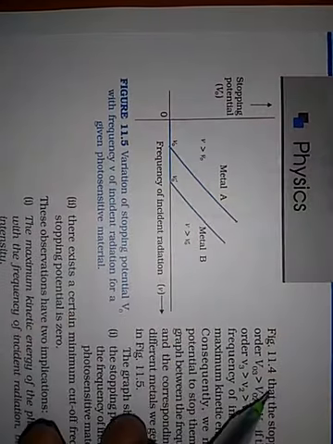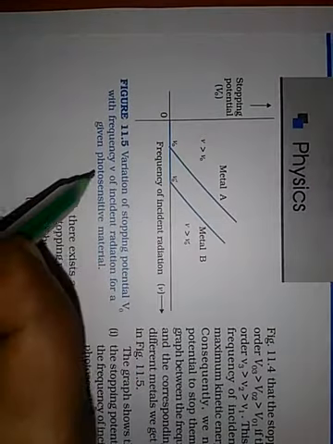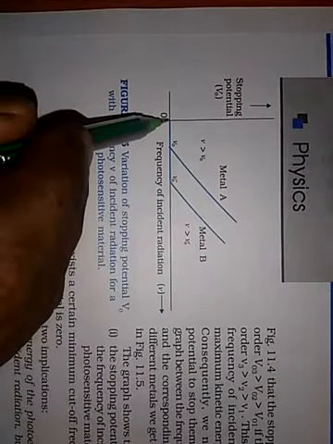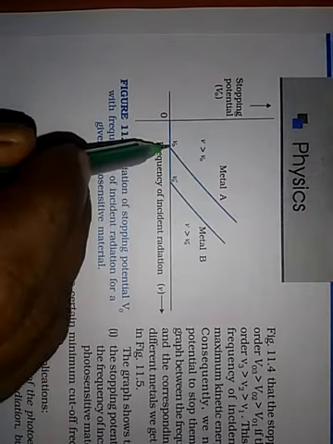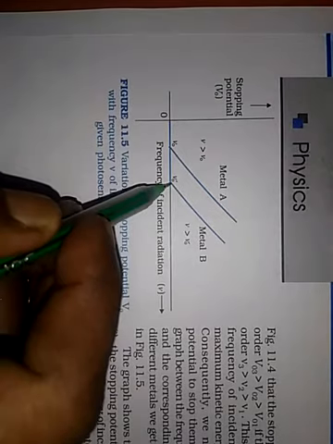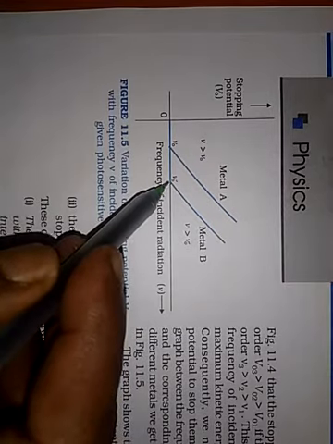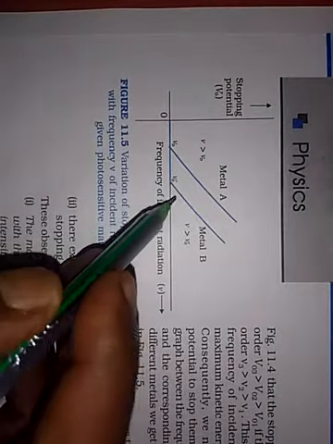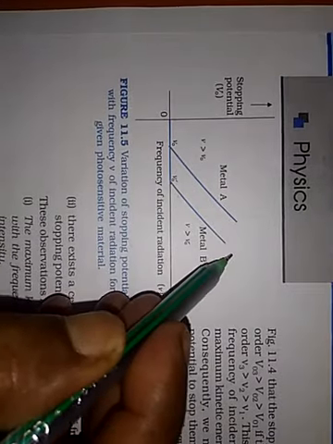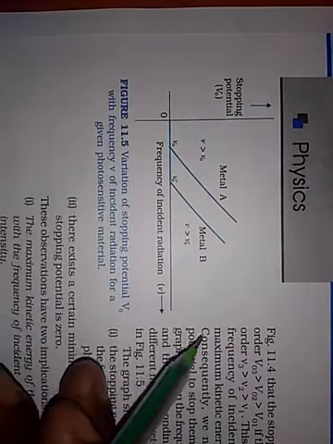Linearly it will increase. If you consider another case, say metal B, from 0 to some threshold frequency, we call this the threshold frequency, there is no stopping potential, it is 0, but afterwards when you increase the frequency of radiation, it keeps on increasing linearly, so the stopping potential also increases.